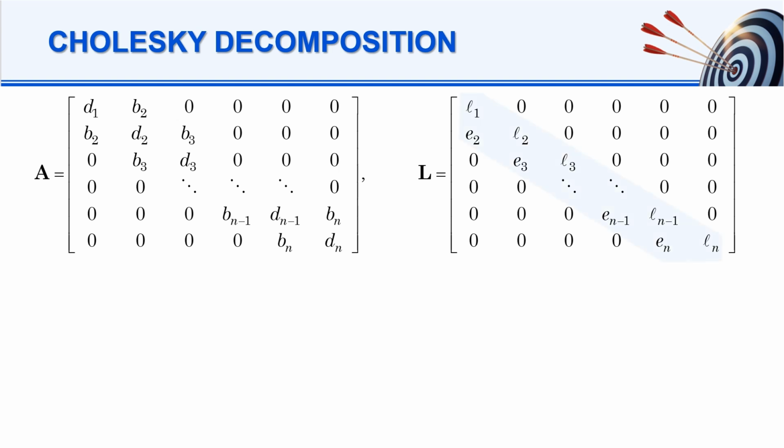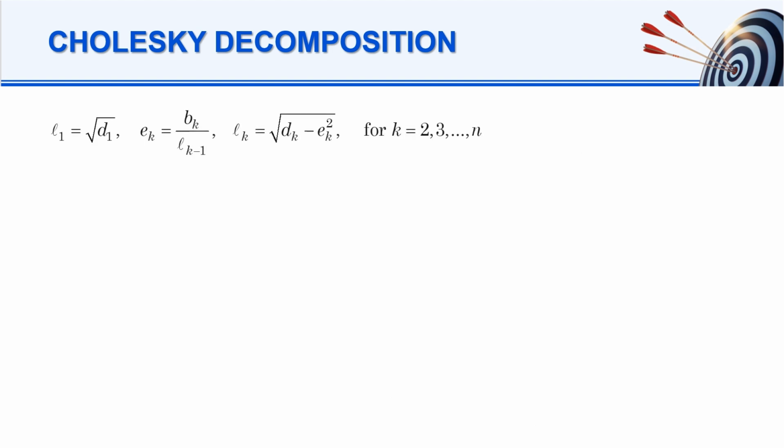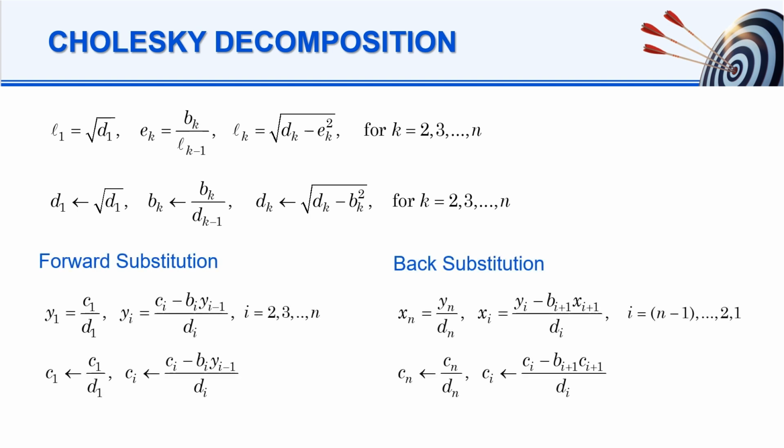The elements of matrix L are obtained by comparing and matching the matrix product of L and transpose L. This leads to the following algorithm, where the diagonal and subdiagonal elements are updated using the given simple recursive relationships. Then the forward and backward substitution procedures are employed as follows.